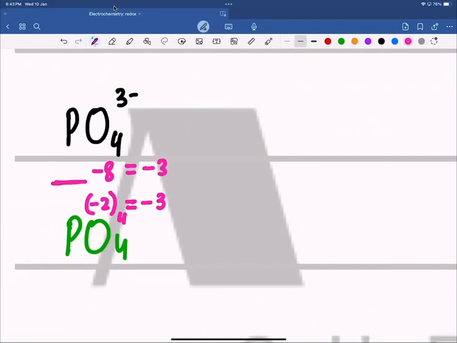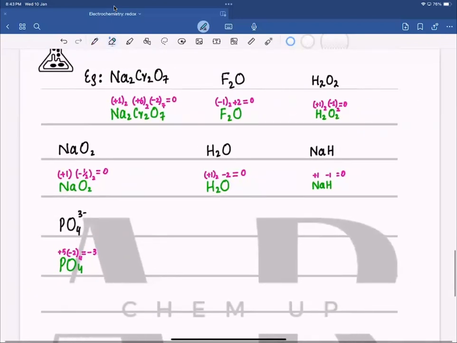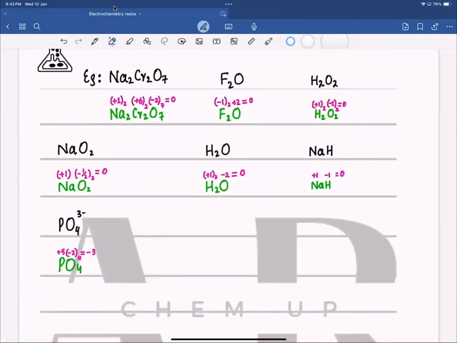So what will be the charge over here so that you get -3 as the net charge? +5. There is only one phosphorus, so the oxidation number of phosphorus is going to be +5 in this case. Is it clear? Yes, sir.